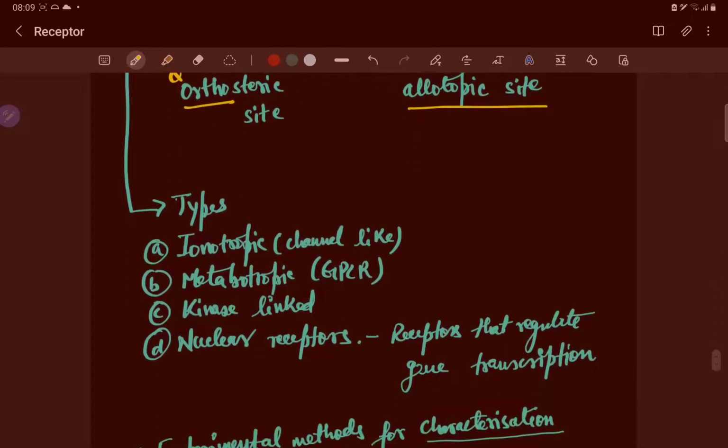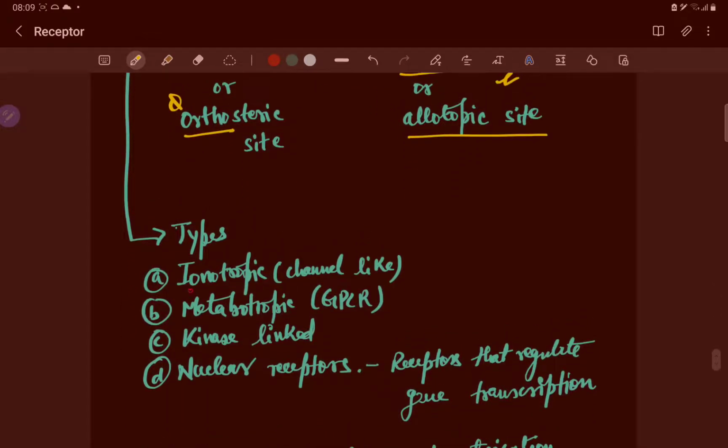Now, types of receptors: there are mainly four types. These are the ionotropic receptors, the metabotropic receptors, which are also known as GPCRs, the seven serpentine receptors, and the kinase-linked receptors. So what is a kinase?